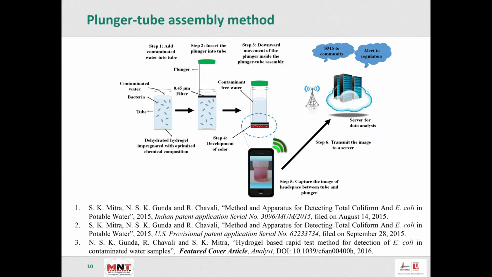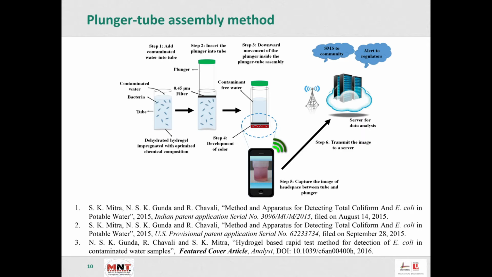If you push the plunger in, before doing that, we have kept at the bottom a hydrogel. The hydrogel is a porous matrix where you can cage those 3 molecules, the Red-Gal, BPERD, and the LTB, inside the hydrogel.